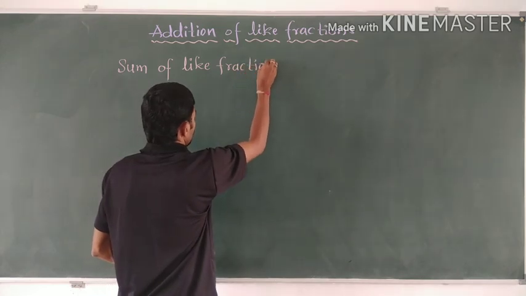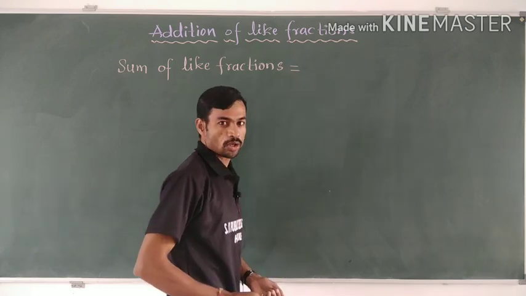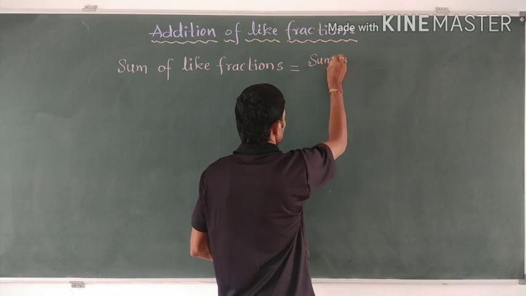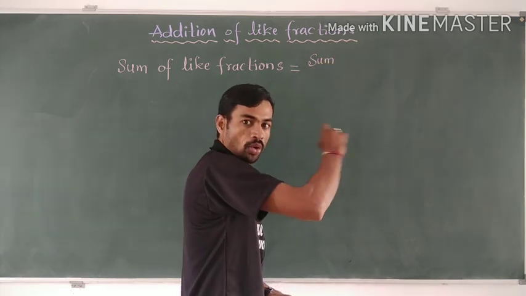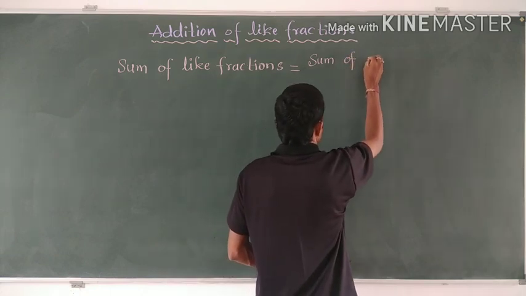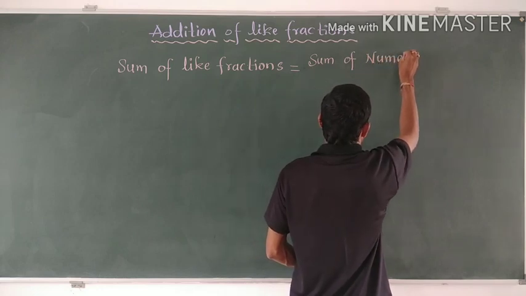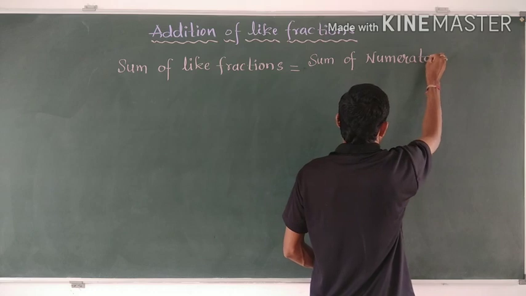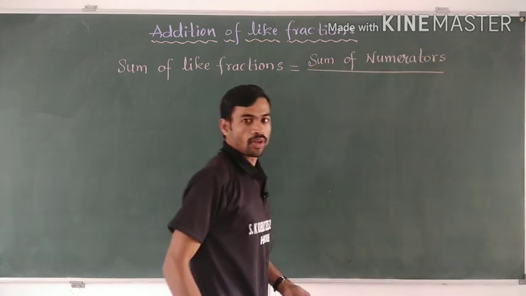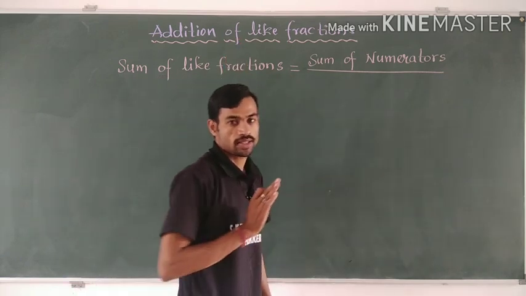is equal to the sum of numerators. Whatever numerators are there, we have to add all of those, divided by the denominator, which we keep as it is.